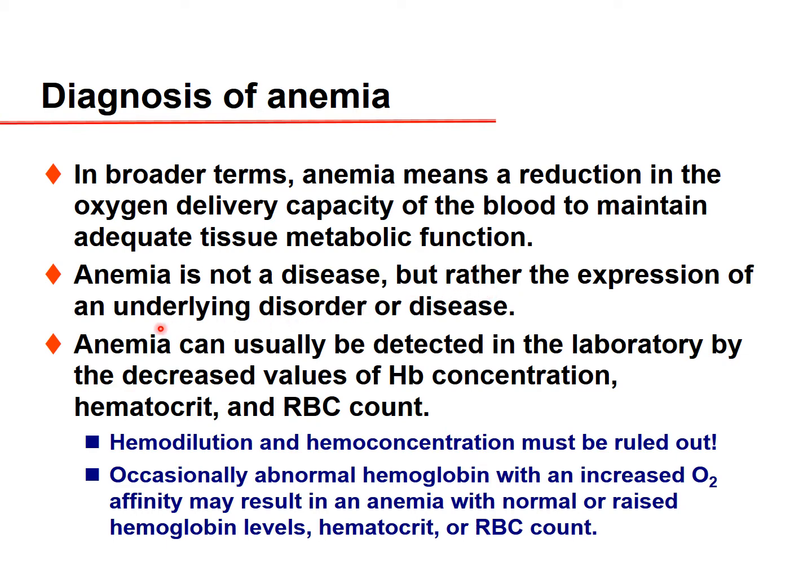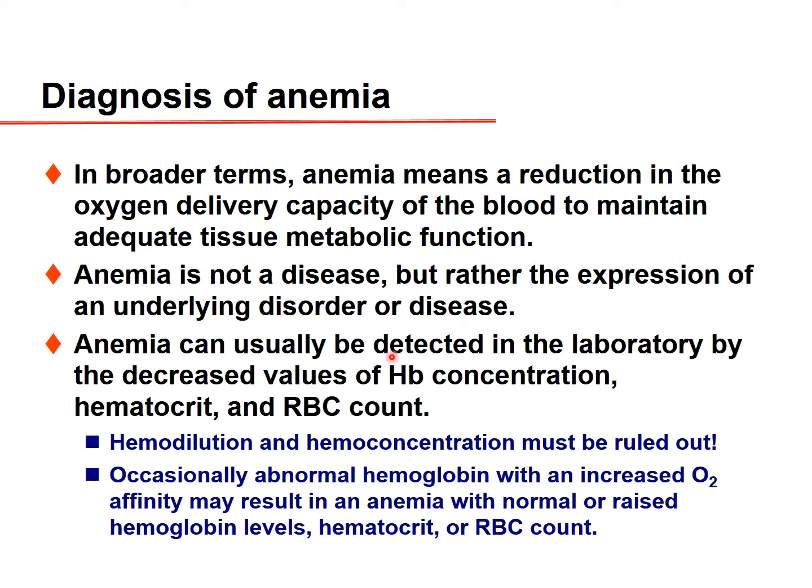One thing that you have to keep in your mind: anemia is not a disease, but rather an expression of the underlying disorders or diseases. So you should not be satisfied to diagnose anemia, because usually this means that we do have another underlying problem that caused the decreased circulating red blood cells.